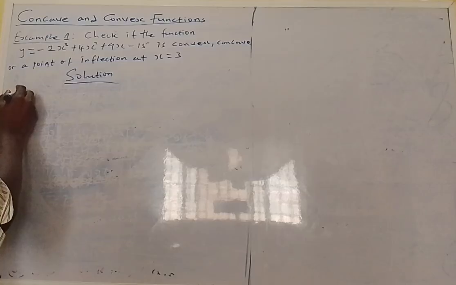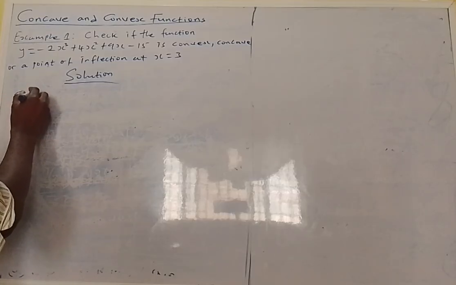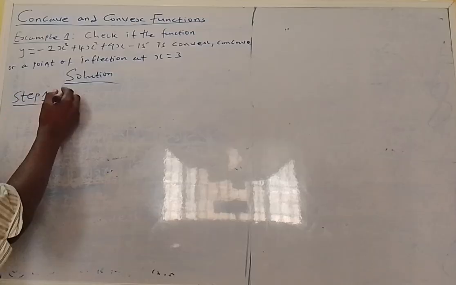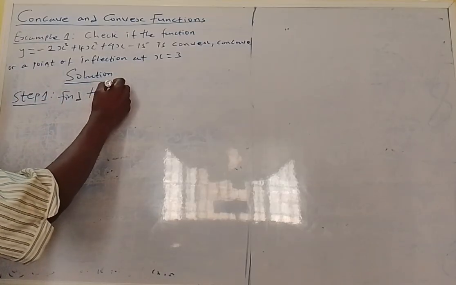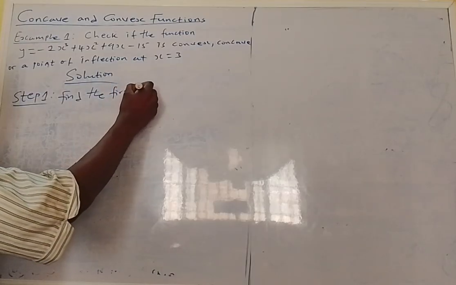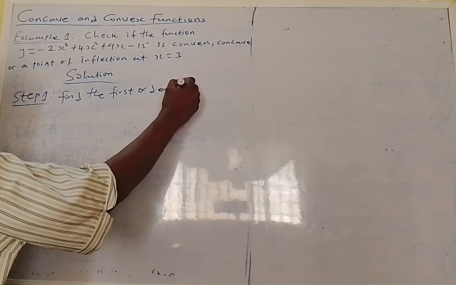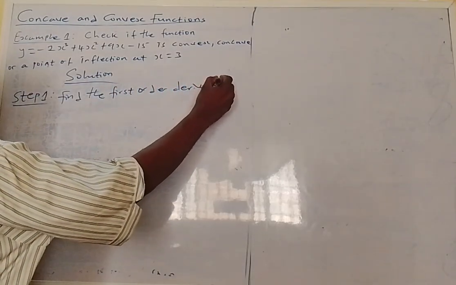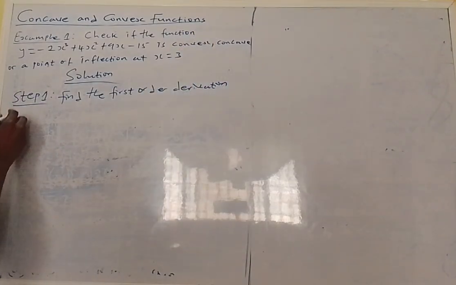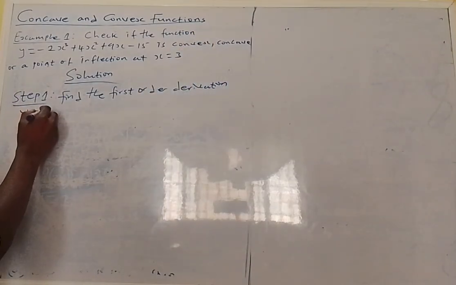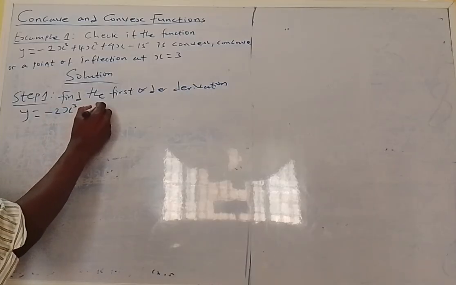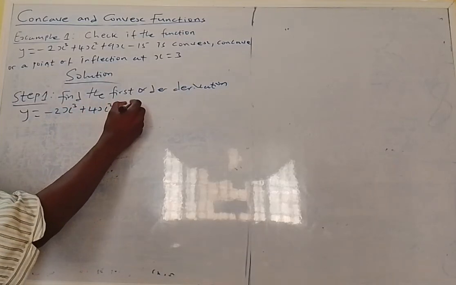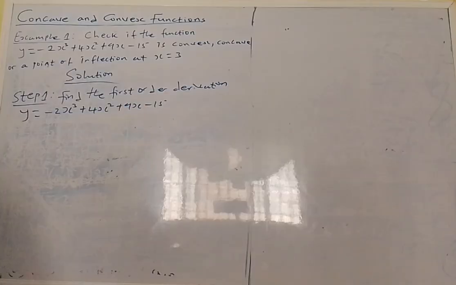To solve this, let's start with the steps. There are 3 steps involved. Step 1: find the first order derivative of the function. We have the function as y equals minus 2x raised to the power 3 plus 4x squared plus 9x minus 15.